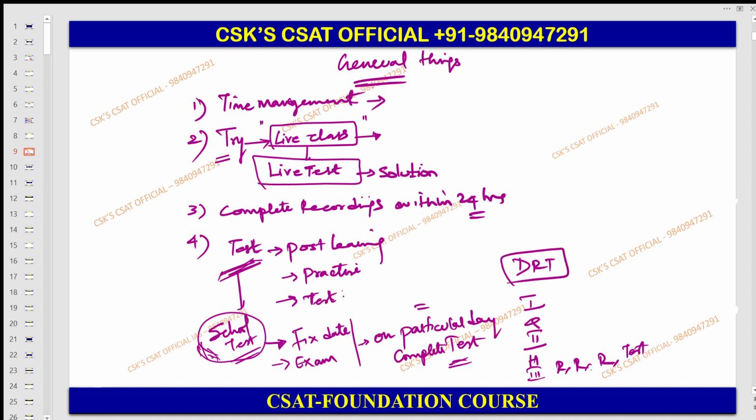You know DRT also, right? Daily revision test. Also things like weekend tests. If you are placing yourself like this, whatever be general studies, whatever be the subject, you can adapt in this manner, then automatically you are completing your syllabus then and there on time.